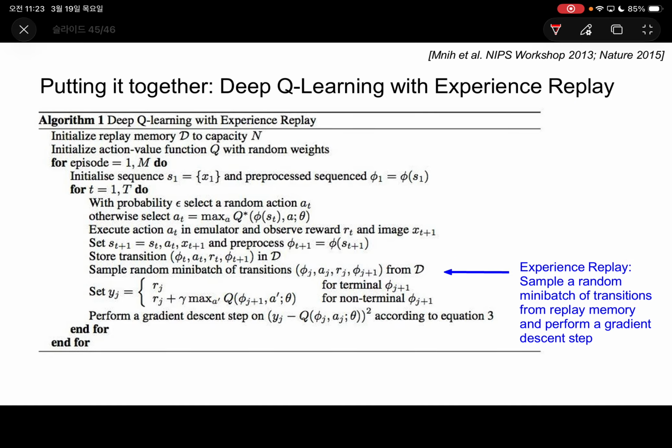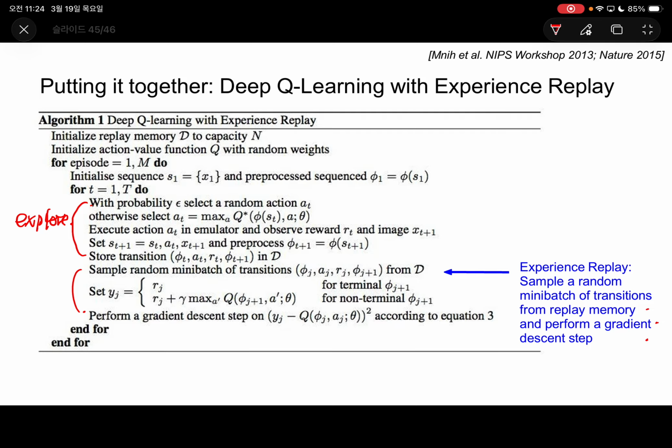Then, for experience replay, we sample a random mini-batch of transitions from the replay memory and perform a gradient descent step. So far, this is exploration. And from the randomly sampled mini-batch, we update the network, right? That is the difference. We let the network explore the environment, and then we store transitions in replay memory D.